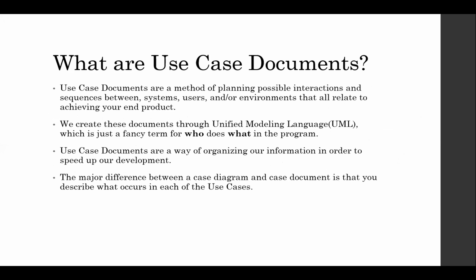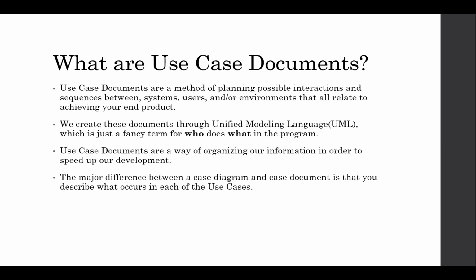So what are use case documents? Pretty much, use case documents are the method of planning how things are all going to work and run together. It's all relative to achieving the end product. How do I get from A to B and what are all the steps defined in between?